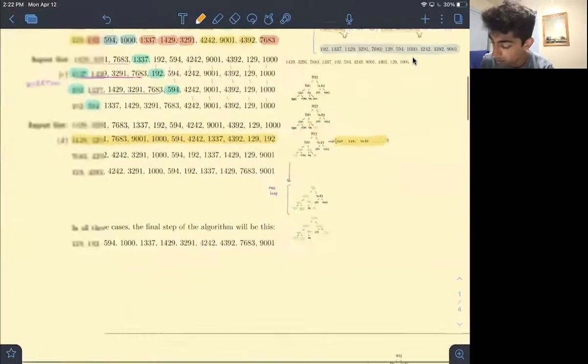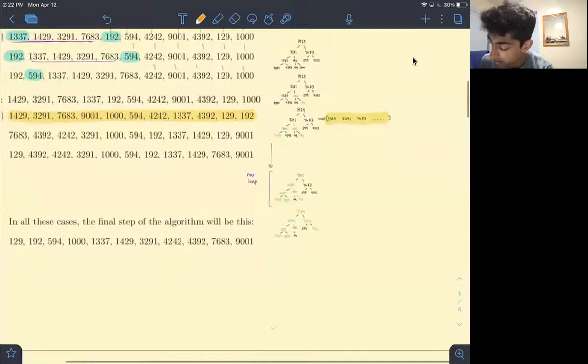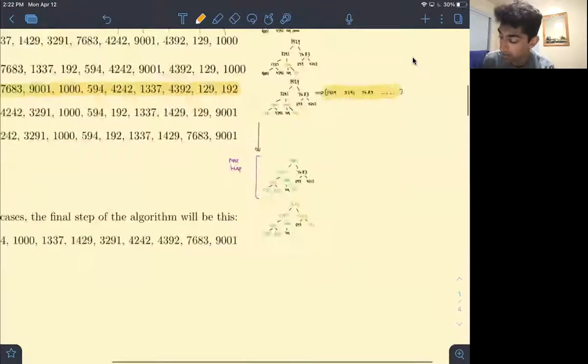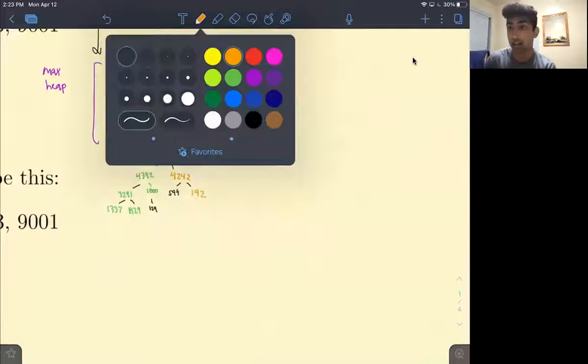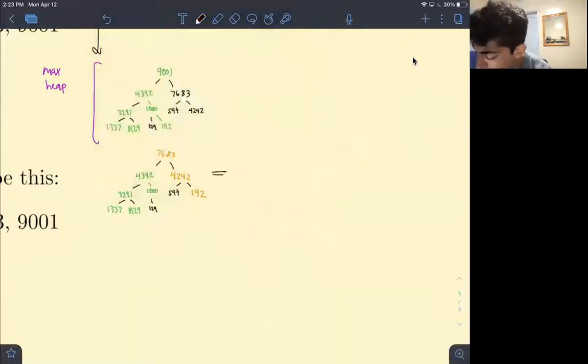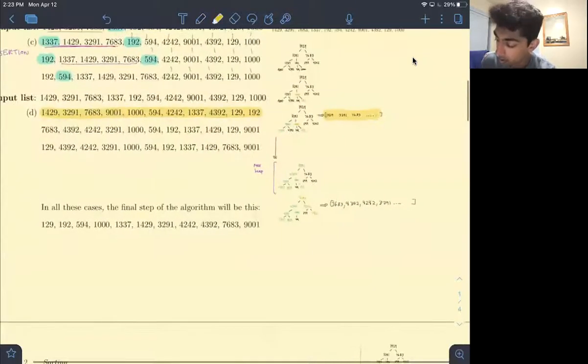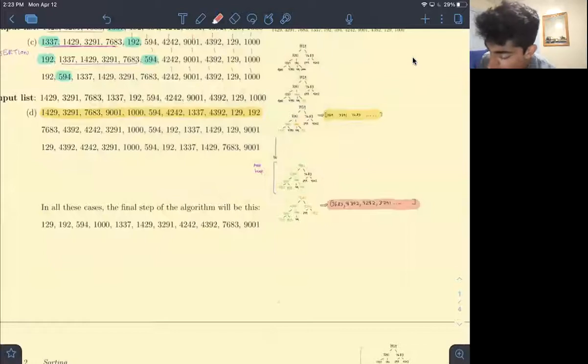Okay, so now if we take this state of the heap after one remove max, we will see it looks like 7, 6, 8, 3, 4, 3, 9, 2, 4, 2, 4, 2, 3, 2, 9, 1. And then we can see that that is going to be this state right here. So we've seen 2 of the states so far, but we're still missing one of these states.